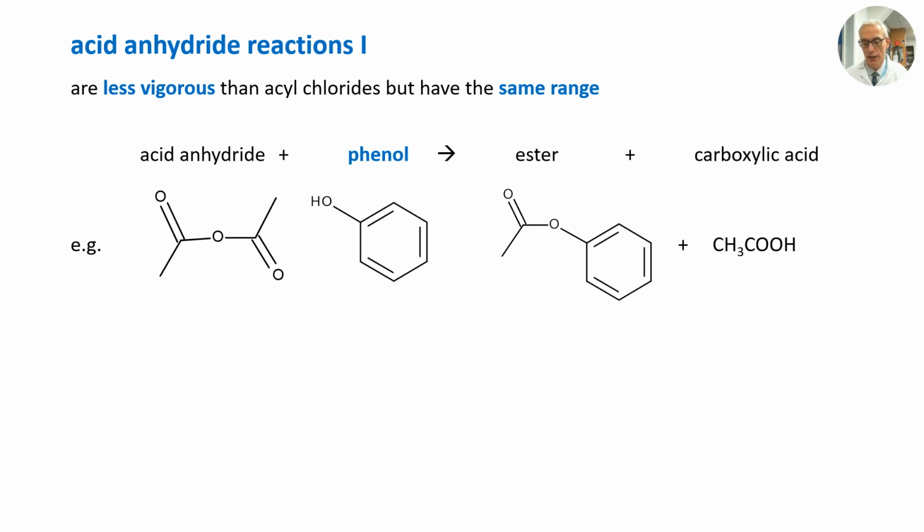What we've done is broken this bond here, and we've taken this fragment of the molecule and taken this hydrogen to form ethanoic acid. The rest of the molecule joins to form the ester.